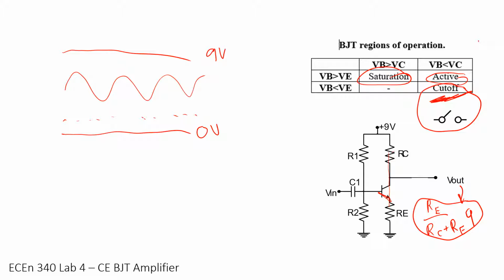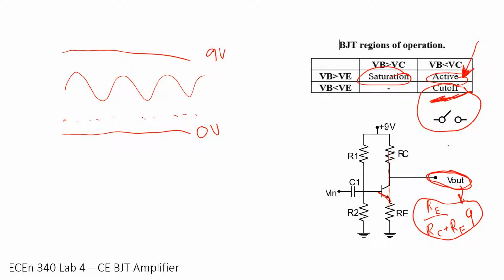So when we talk about trying to be in the active region, when we bias our transistor, we want to center our output, the DC value of our output, to be sitting about the middle of our rails. That way whatever input comes in, we will amplify it, and if we do achieve distortion, if we have a really large input, then we want to be clipping on the top and bottom at about the same time.